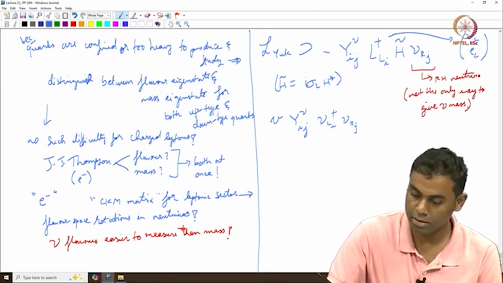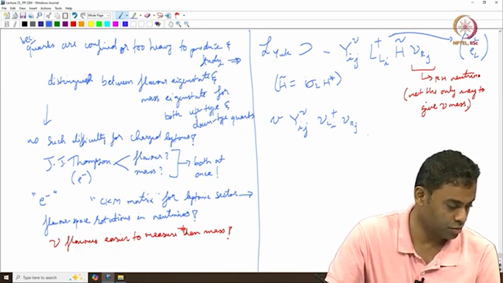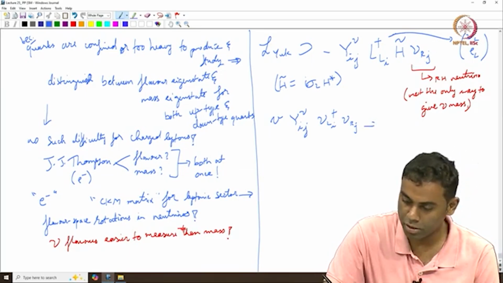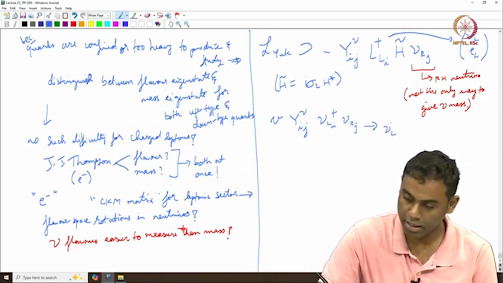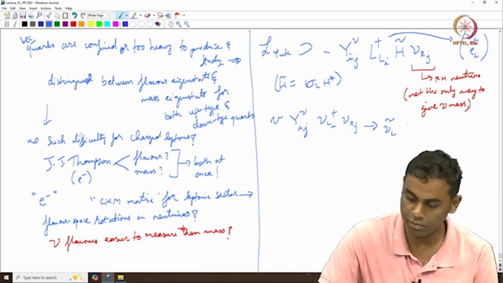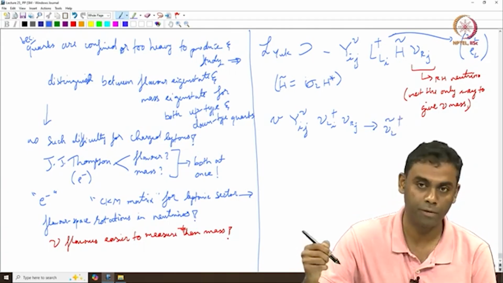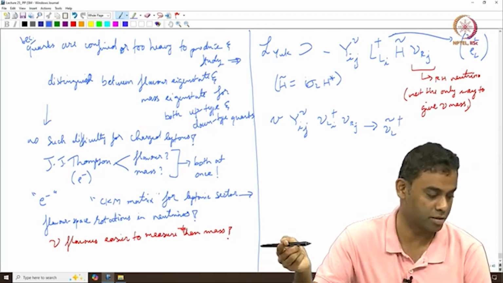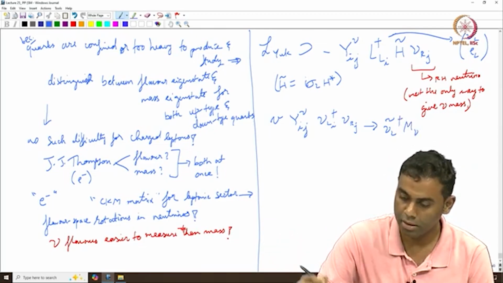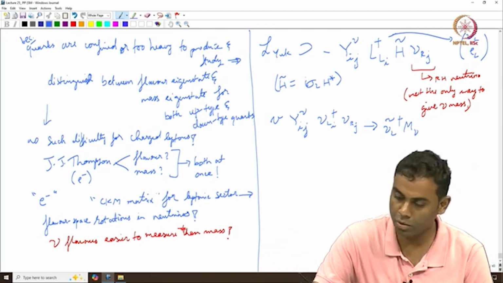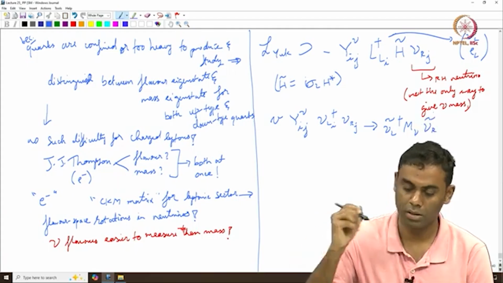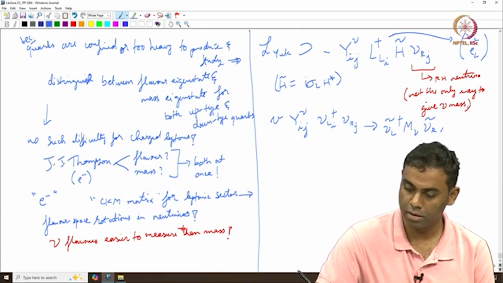And this, if I want to switch to the mass basis, I get what? Once again I am going to switch to the tilde notation we had before. Tilde means it is a 3×1 matrix in flavor space, do not forget that. So M nu is now the mass matrix.